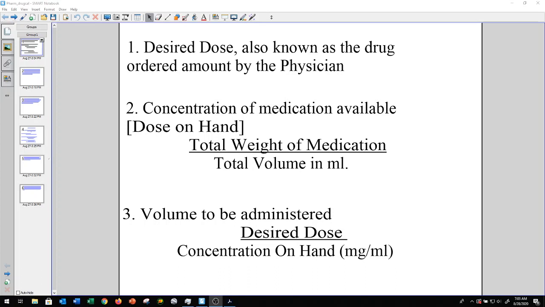All right, so when we're talking about doing drug dosages, there is some information we need. One, we need the desired dose. This is usually the amount ordered by the physician.